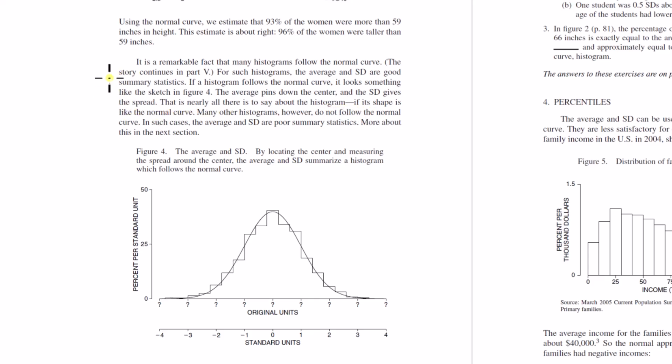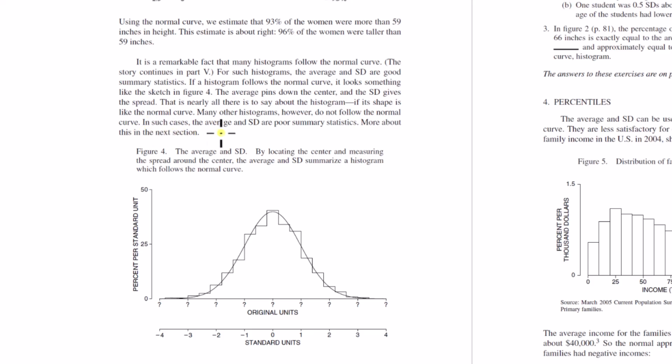So what are they saying here? First of all, many histograms follow that normal shape, okay? And if that is the case, then the average and the standard deviation are great summary statistics for that data. They're saying here that they tell you pretty much everything you need to know about that data. But look here. Many other histograms, however, do not follow the normal curve, which makes sense.